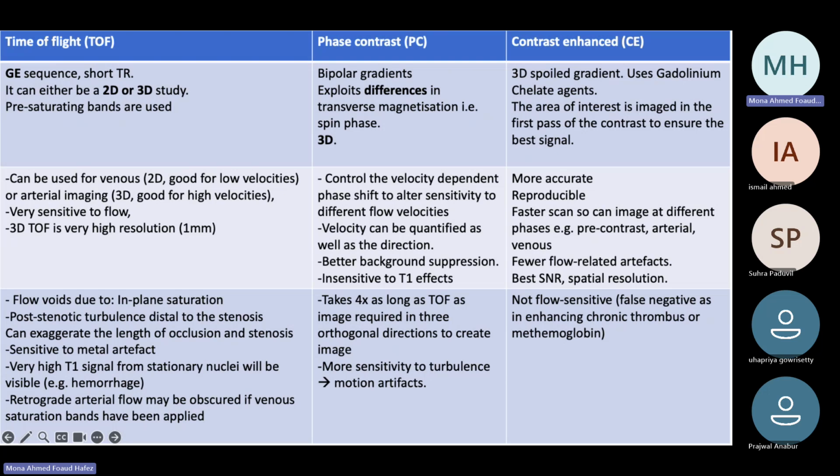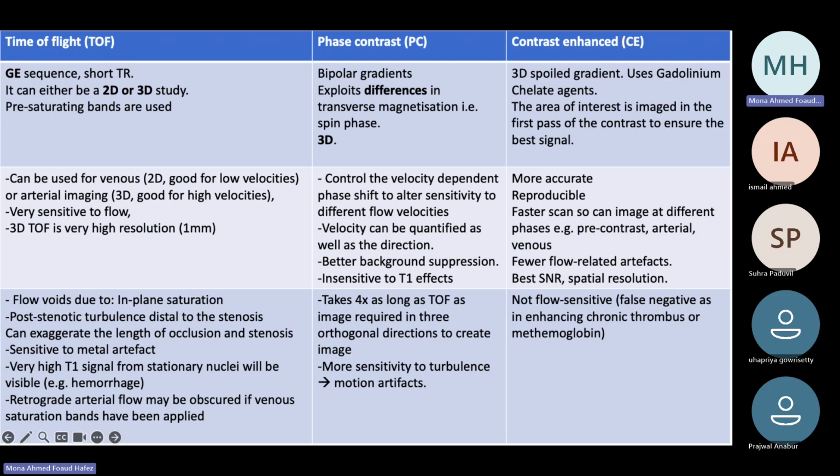Phase contrast depends on bipolar gradient. We use a bipolar gradient in phase contrast to exploit the differences in transverse magnetization, and it is mainly or only used in 3 dimensions. Unlike time of flight, which can be 2D or 3D, phase contrast is 3D.